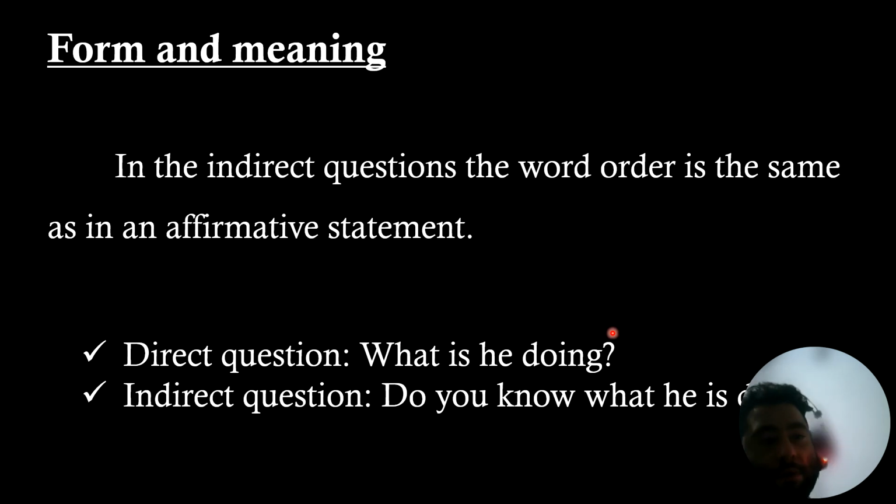What is he doing? Do you know what he is doing? Okay. If you want to check if it is okay, you can answer. He is doing exercise. He is running a marathon. He is describing a process. Okay? So in that case, if you answer and if it makes sense, you have the indirect question in the correct order.